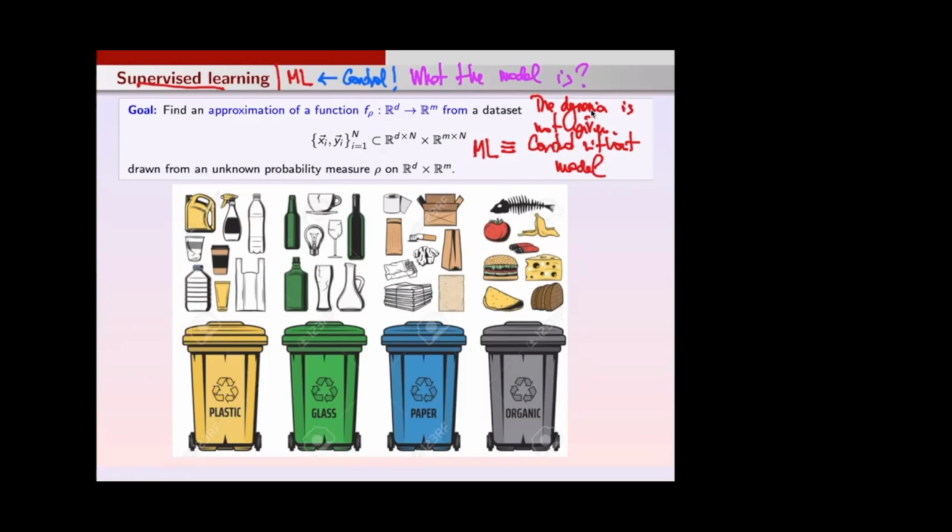I can say, please build a model so that whenever the item is in this class, it goes to the yellow. The model should do it in a way that all these green items go to the green, and so on. So what are we doing? We have a collection of items, in this case 32. So capital N is 32.